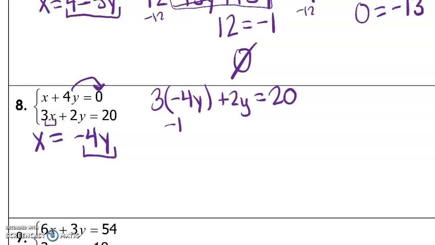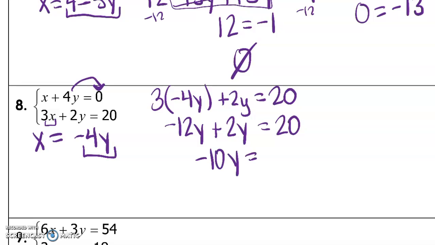So that gives me negative 12y plus 2y is equal to 20. So negative 10y, when I combine my like terms, is equal to 20. Divide by negative 10, and I get y equals negative 2.